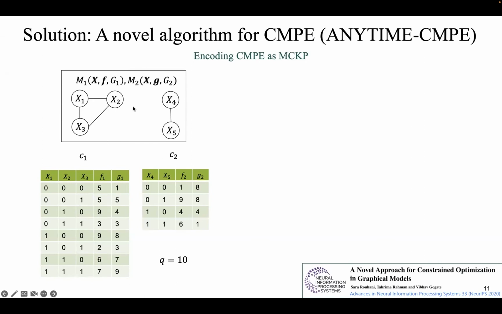This example shows a CMPE task over our graphical models M1 and M2, and we are given, let's say, a value Q, which is 10. The combined primal graph combines the two graphs G1 and G2 and adds an edge for those present in one graph but not present in the other graph.